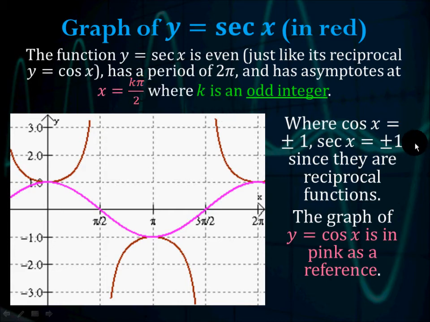Where cosine is plus or minus 1, secant is also going to be plus or minus 1 since they're reciprocal functions. So here cosine is 1, secant is 1, cosine is negative 1, secant is negative 1. So this pink graph is cosine of x. You can see that secant plays off of cosine by being positive when cosine is positive and negative when cosine is negative. So it's just going to be a series of upside down U's.